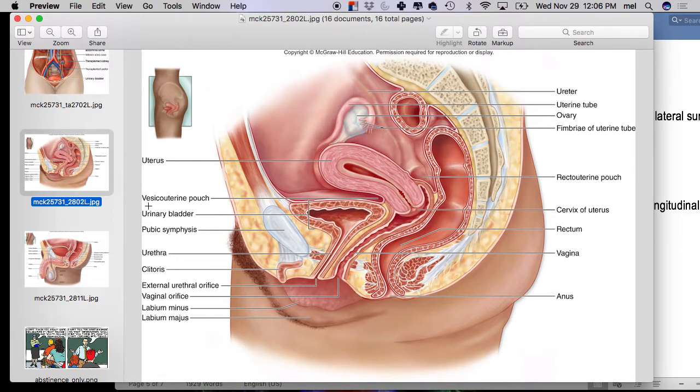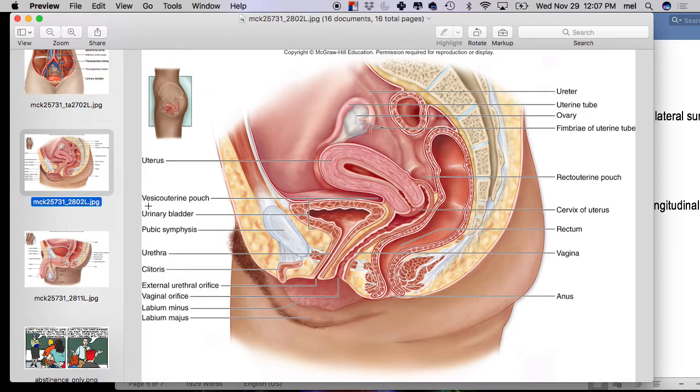In a female, of course, notice the location of the uterus and the urinary bladder. This is going to matter when you get pregnant, right? It also should make you nicer to pregnant people. Because what happens when you get pregnant is that uterus can gain ultimately 25, 30 pounds.